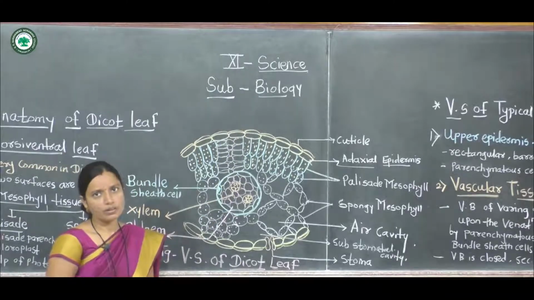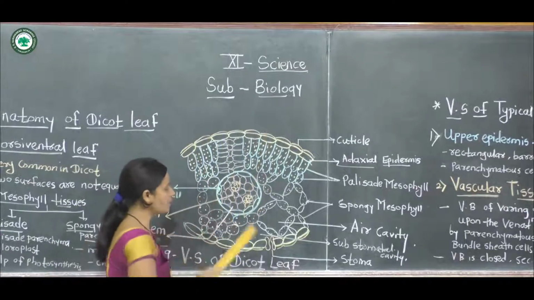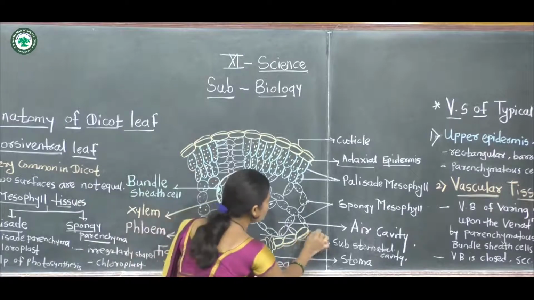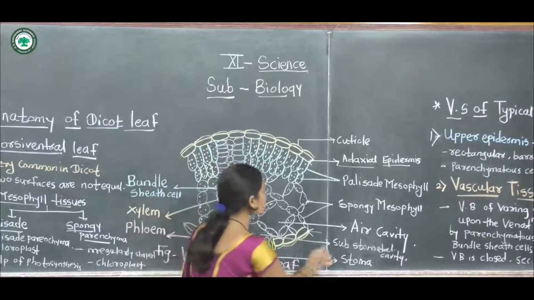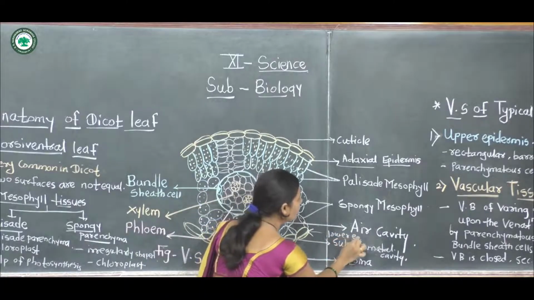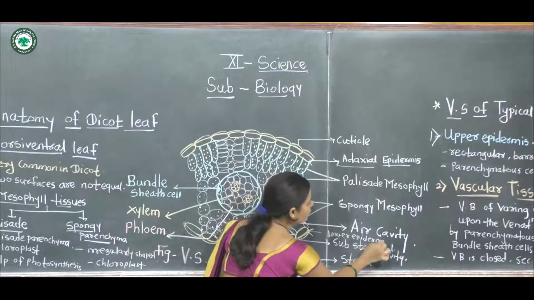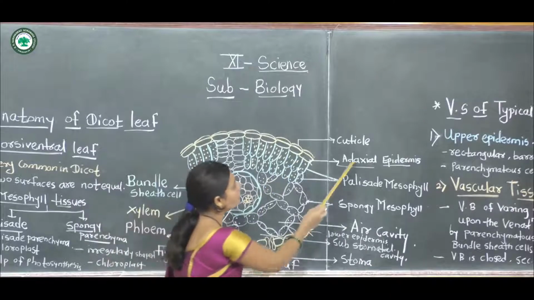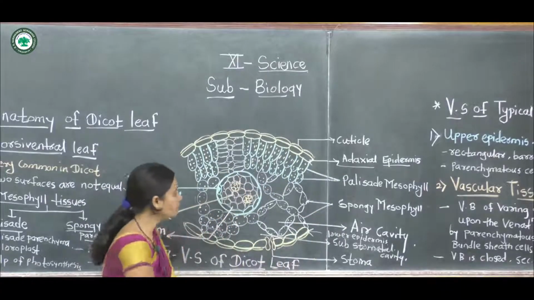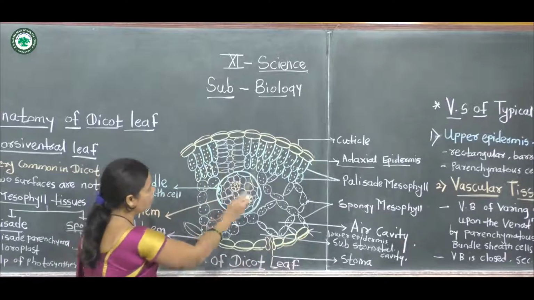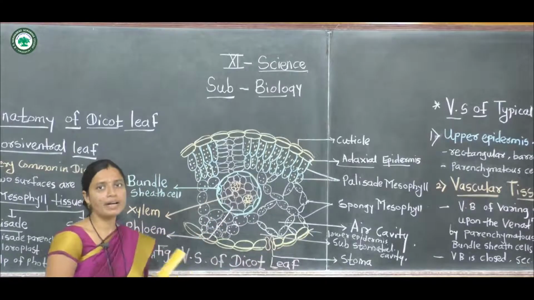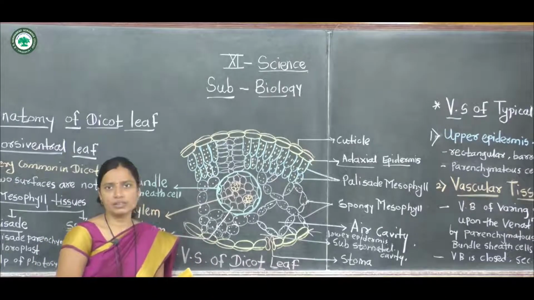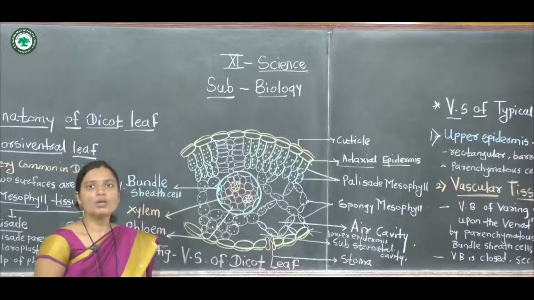This is the adaxial epidermis, and on the lower surface the epidermis is also found, and it is called the lower epidermis. The upper epidermis, also called the adaxial epidermis, and the lower epidermis. The anatomy of this dicot leaf shows two distinct layers, the upper and lower epidermis.